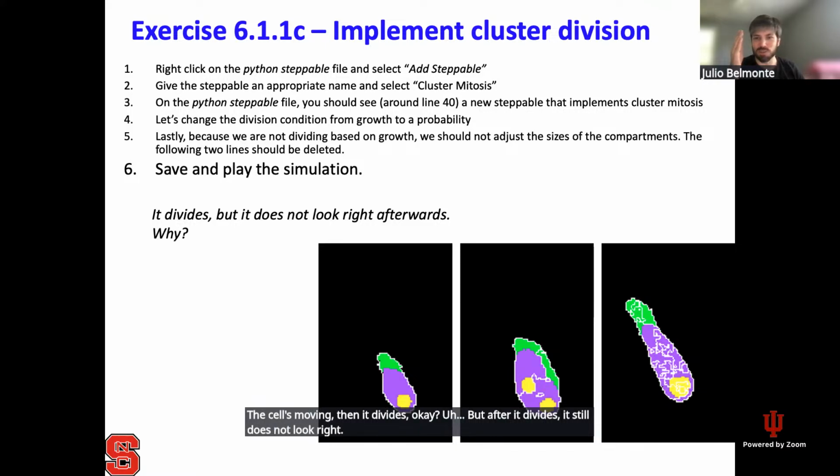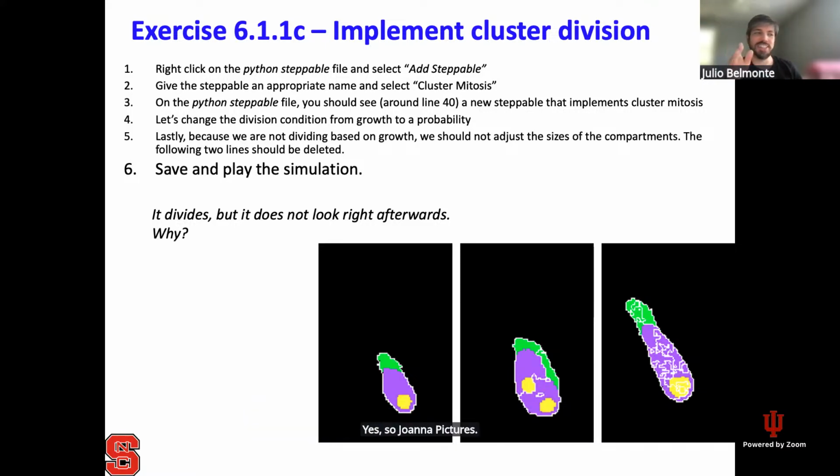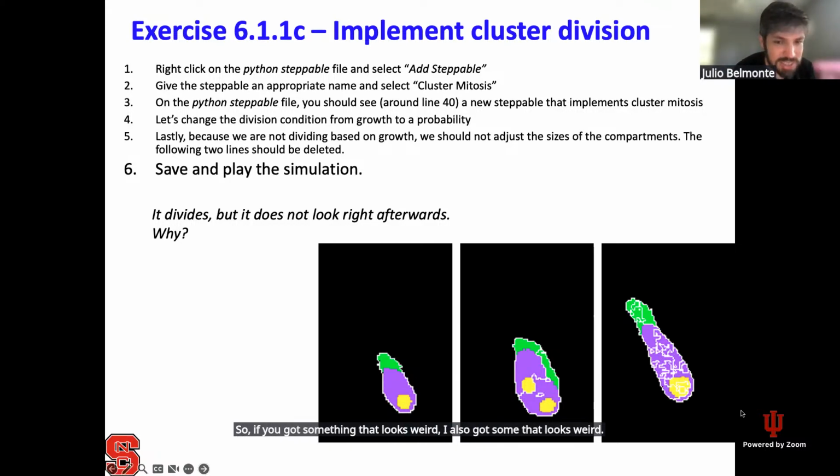Yes. So Joanna's picture looks exactly like the pictures I have on the screen. Okay. So if you get something that looks weird, I also got something that looks weird. And that's because, yes, the same thing as Ronak. Okay. You're supposed to get bloated. And then the question is why it got bloated, right? Why it looks weird.